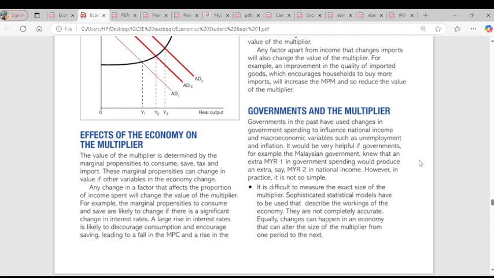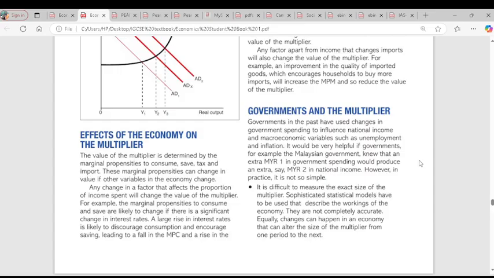So if interest rate changes, it will definitely change the marginal propensities within the economy. So a large rise in interest rate is likely to discourage consumption. As soon as interest rate increases, we start thinking about saving rather than spending. Yes or no? So that means our marginal propensity to save will increase.